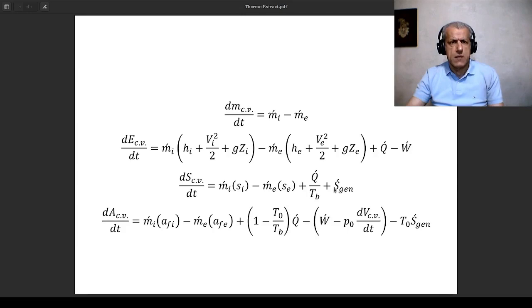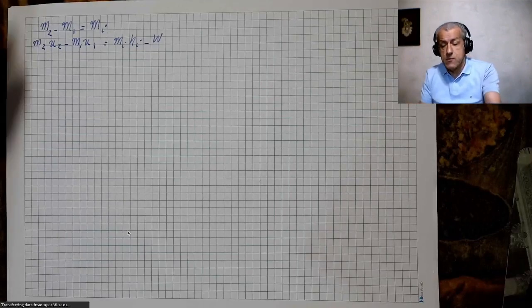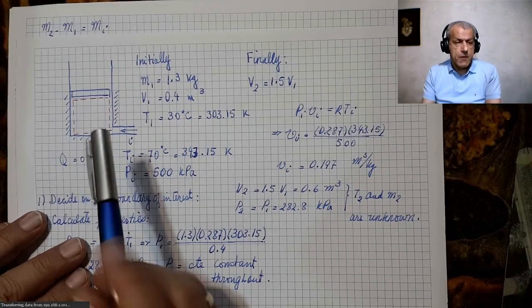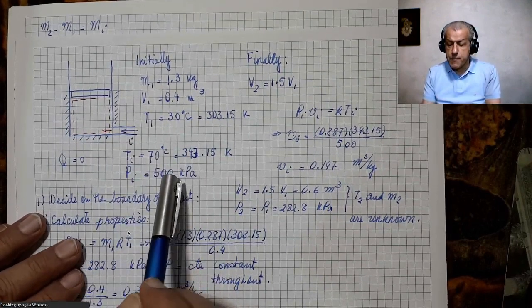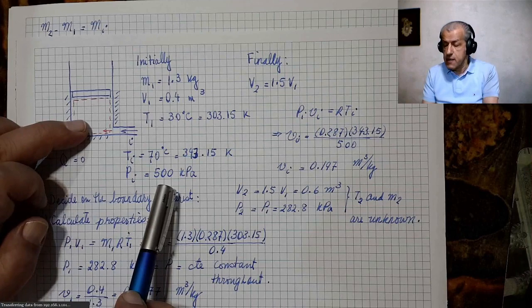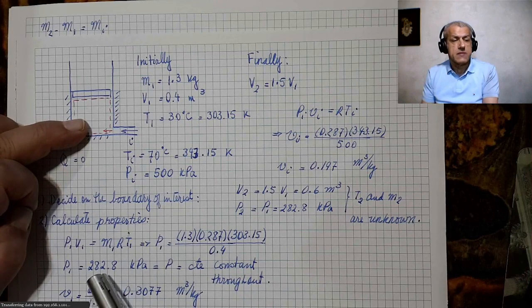Why is there generated entropy? We have to look at the problem and see why. Look, this is 500 kilopascal air that is entering a cylinder which is at 282 kilopascals.